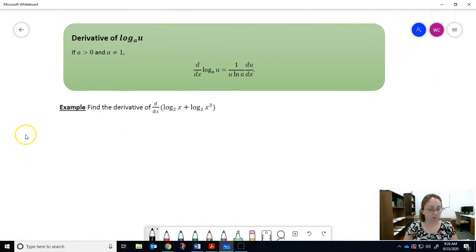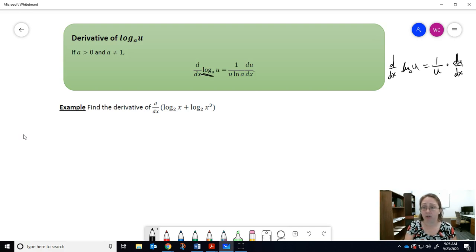The last rule that we need to talk about in this section is the derivative rule for logarithm. So remember, we already talked about the derivative of ln of a function. And we said that was 1 over the inside times the derivative of the inside. I want you to look at this one. What's different here? By changing it to log base a, meaning we're not base e.